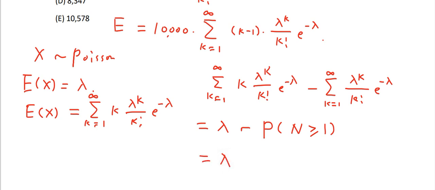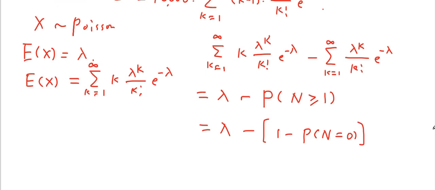So we say larger than 0 is 1 minus P(n equals 0). So what is P(n equals 0)? Plug in k equals 0, it is just e to the negative lambda.